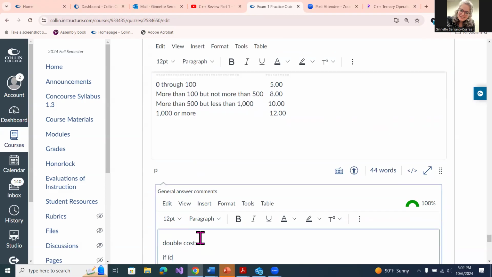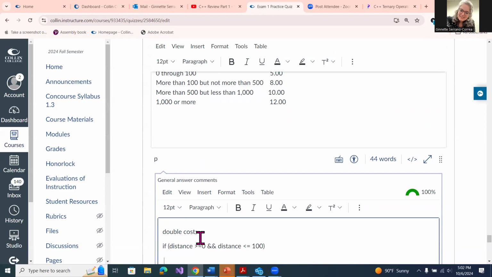If the distance is greater than or equal to 0 and less than or equal to 100, then cost will equal 5. That's just one way to write it. Or you can just say 5, either way.